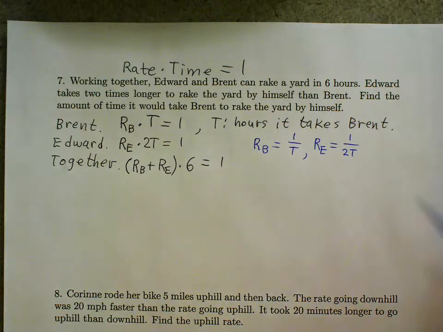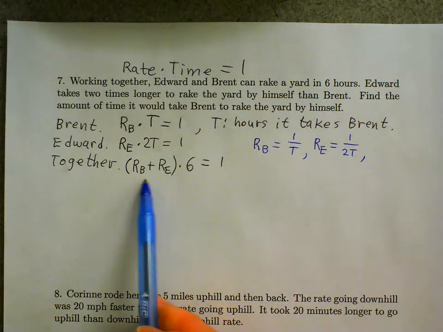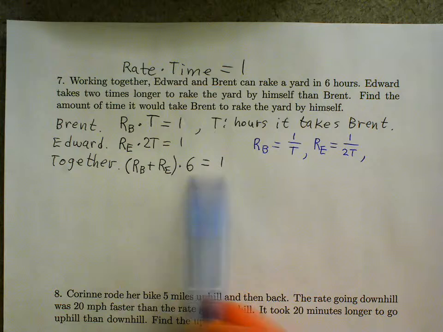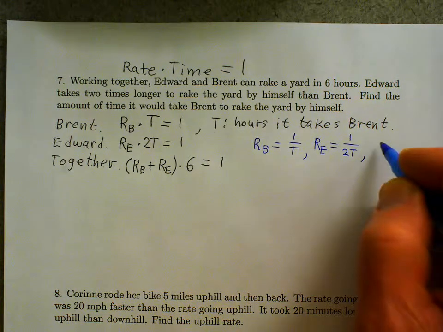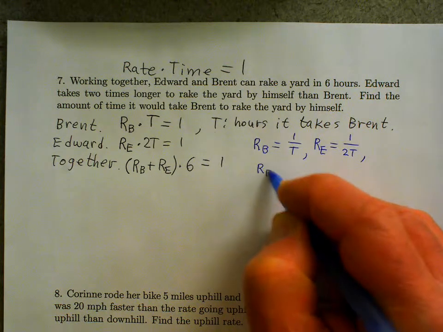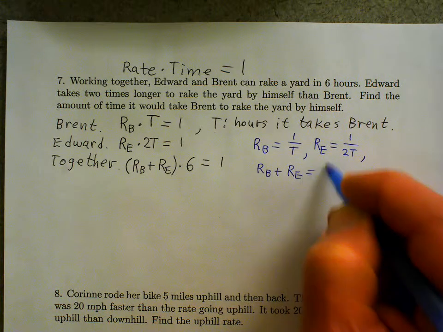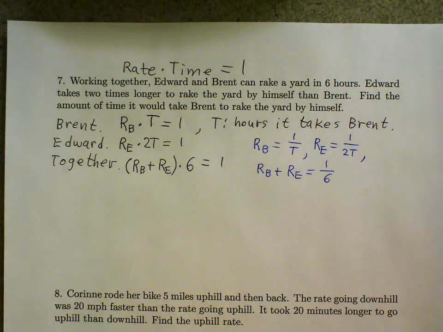And then we have a third equation. Brent's rate plus Edward's rate times 6 is 1. So if we divide both sides by 6, we get Brent's rate plus Edward's rate equals 1/6. And now we can write an equation whose only variable is t.